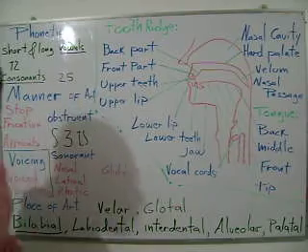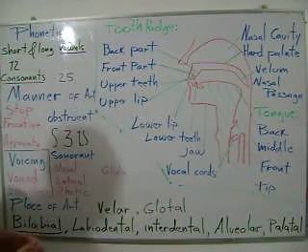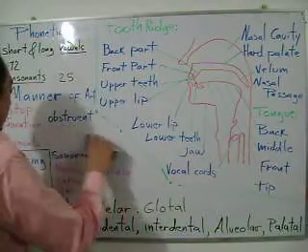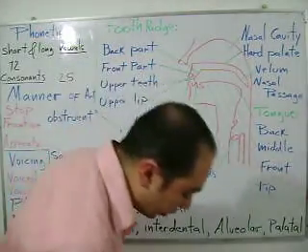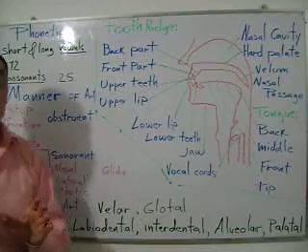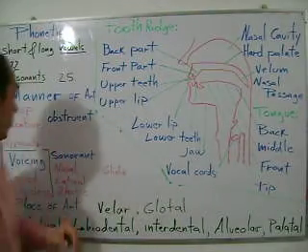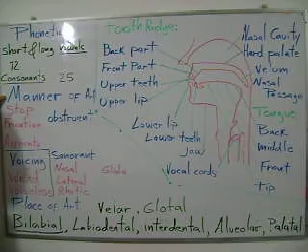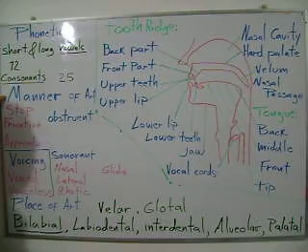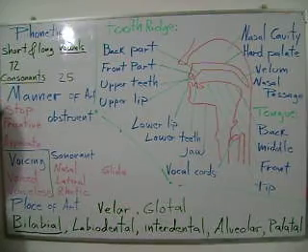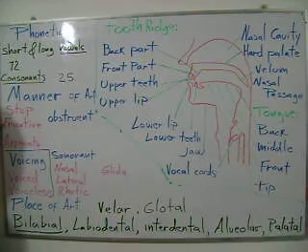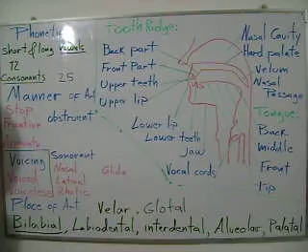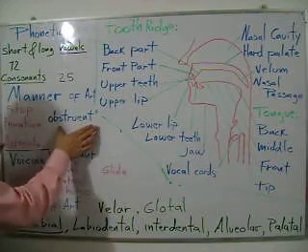Now, when we talk about consonants, they can be put into categories according to certain criteria. You have manner of articulation. According to the manner of articulation, they can be stop, fricative, or affricate. If they are stop, fricative, or affricate, they are obstruent.